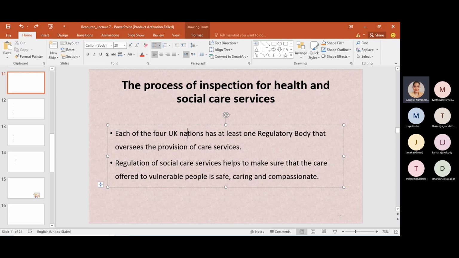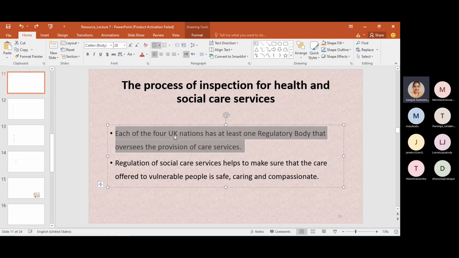So all these 4 parts have at least one regulatory body that oversees the provision of care services. In each part there is at least one regulatory body to oversee the provision of care services. That is the meaning of this sentence.